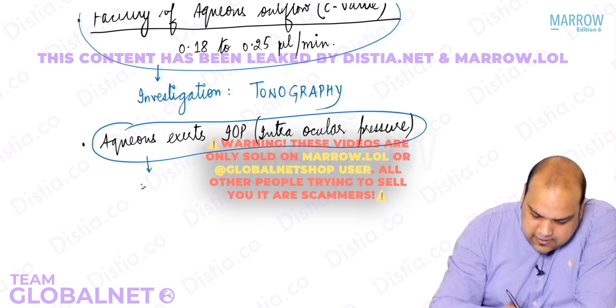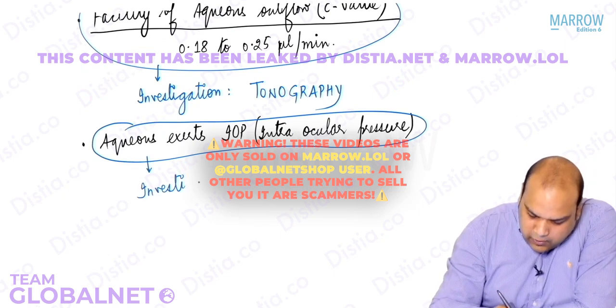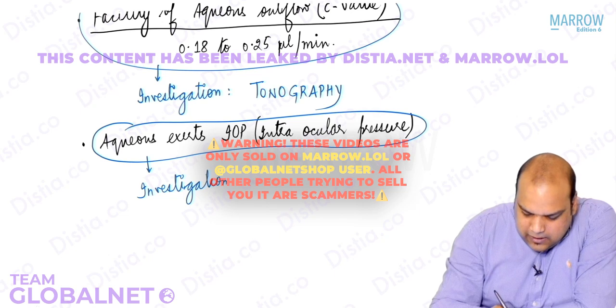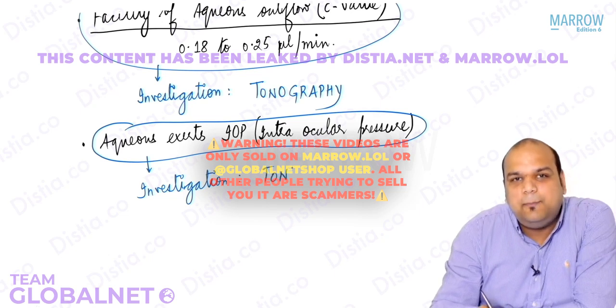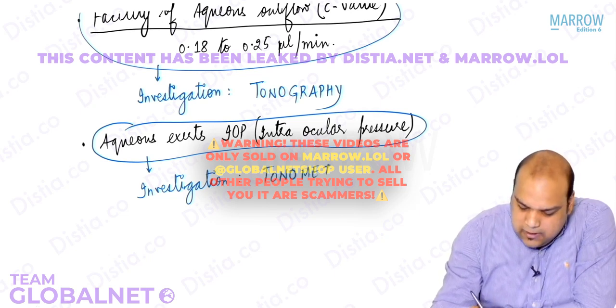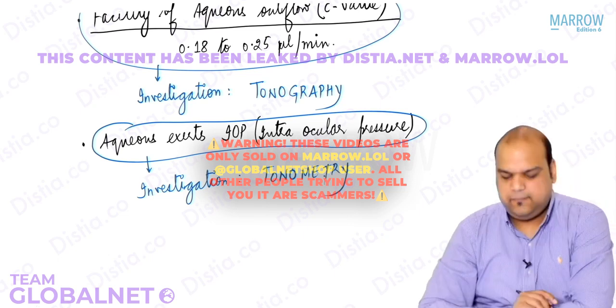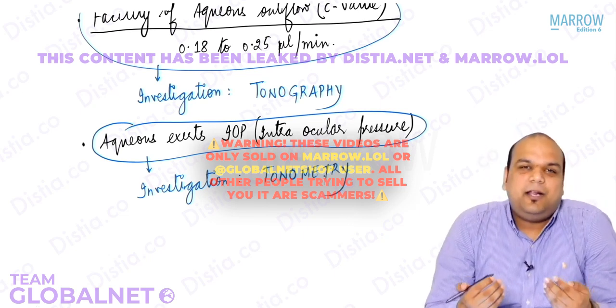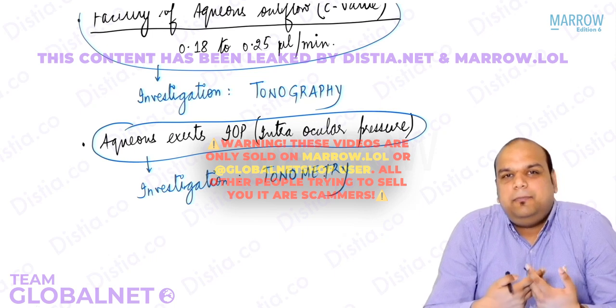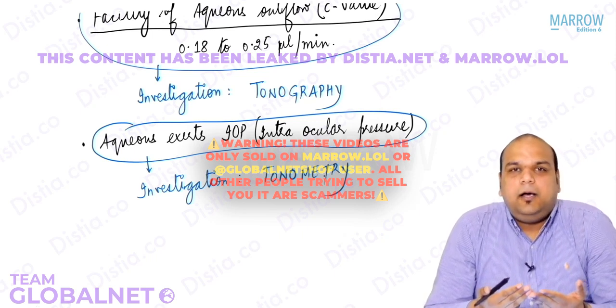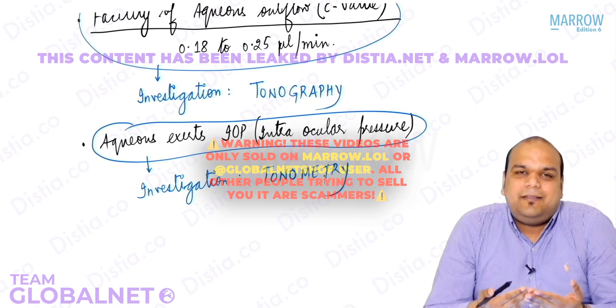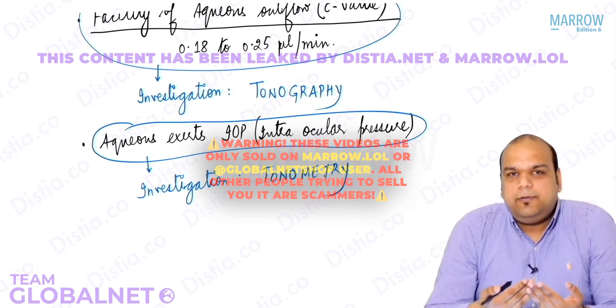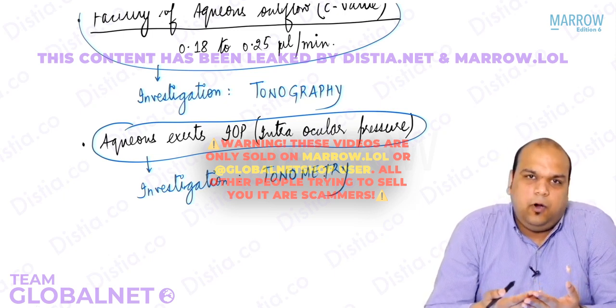Now, which investigation is done to measure the intraocular pressure, IOP? The answer is what all of you were probably giving at your homes, tonometry. So tonography, tonometry, two confusing words. Please do remember them. Tonometry, the more popular word, is used to measure the intraocular pressure, and tonography is for the C value, the outflow of aqueous.